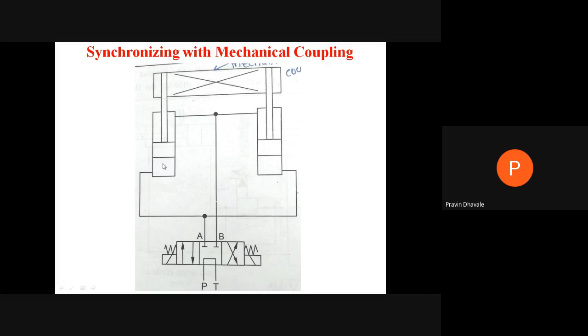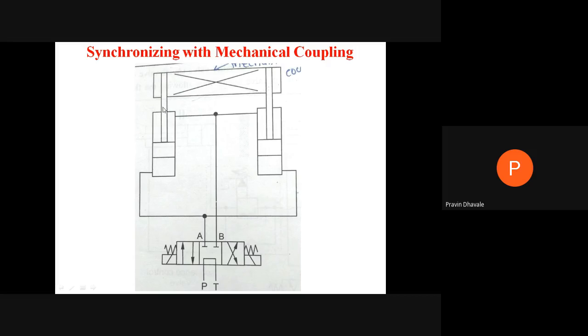Then and only then these two cylinders are moving simultaneously in upward direction. Why is it possible? Because we are coupling this piston rod by using a certain kind of mechanical arrangement, which is called a mechanical coupling. तर मेकॅनिकल कपलिंग नसली असती तर हे सिलेंडर मधला हा पिस्टन पहिल्यांदा वर गेला असता, मग नंतर हे तला गेला असता. पण आपली रिक्वायरमेंट काय?